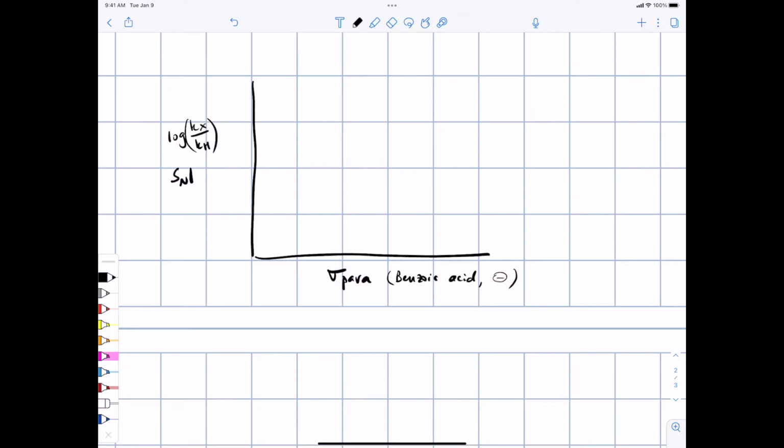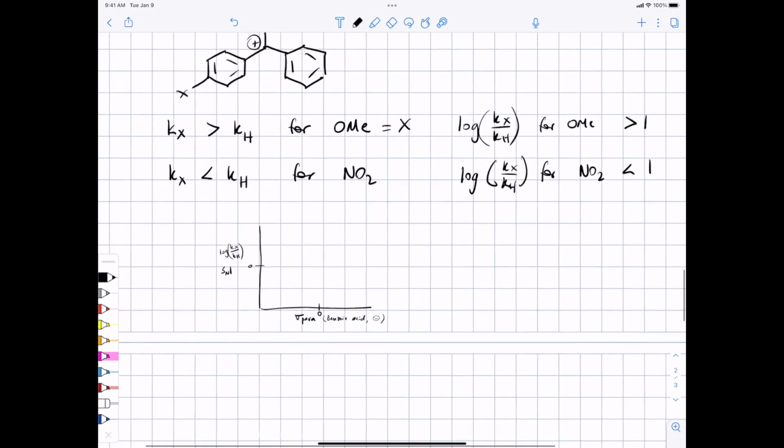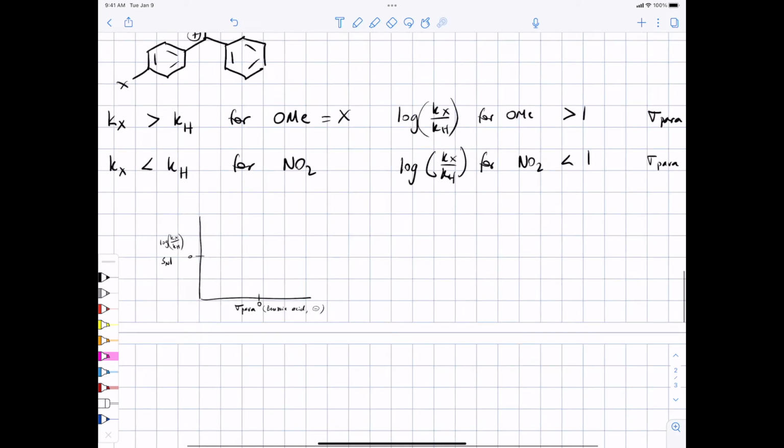For methoxy, let this be the 0 point, and let this be the 0 point on this axis. Methoxy has a positive value in our SN1 reaction. So, and I'm not sure by how much, let's just put it here.